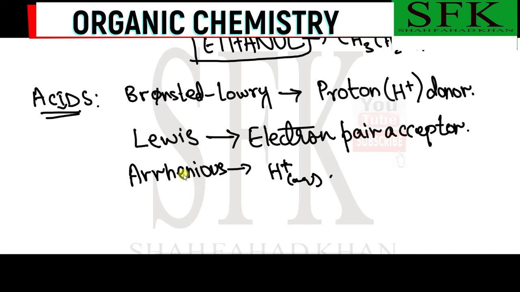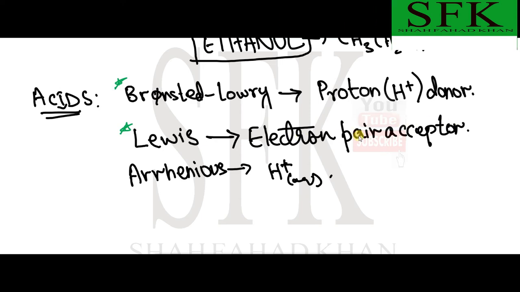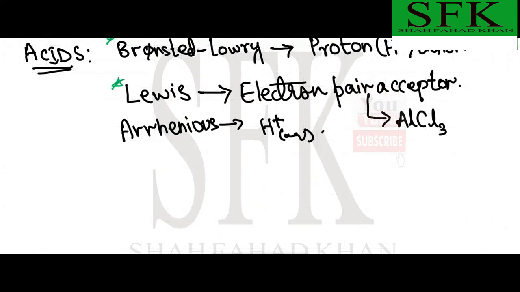The more important ones are the Bronsted-Lowry and the Lewis definitions. We've also done an example of a Lewis acid. Remember the AlCl3 catalyst that we used in electrophilic substitution? It is a Lewis acid. It accepts electrons from the chlorine molecule during the halogenation reaction.